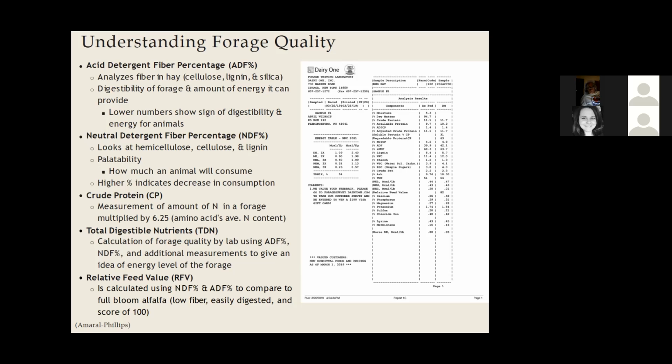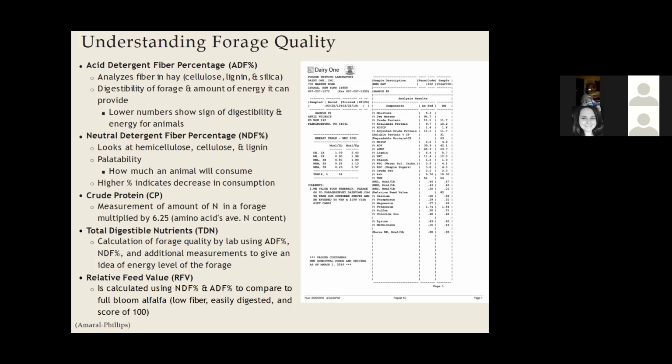Neutral detergent fiber is another measure of fiber, but this is the amount of fiber that's really not digestible. This will show you how much the animal will consume.